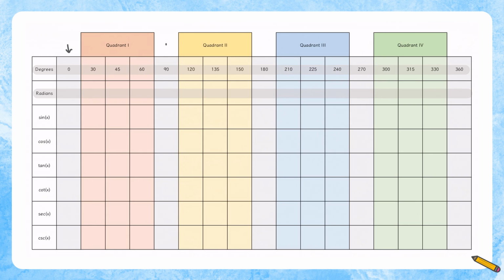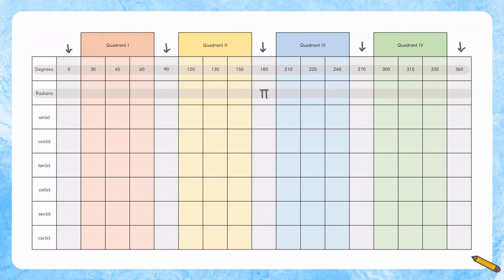So let's first focus on the quadrantal angles. These are the angles that lie either on the x or y axes, and remember they're in increments of 90 degrees. So we'll focus on converting these quadrantal angles from degrees to radians. So we know our conversion factor, 180 degrees equals 1 pi radian.